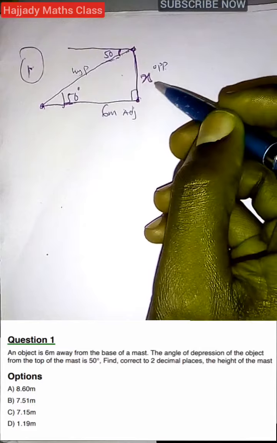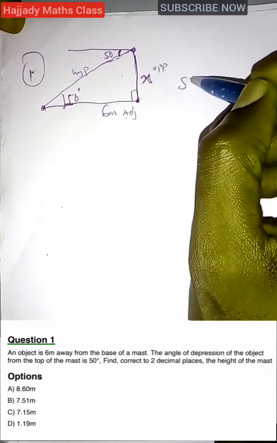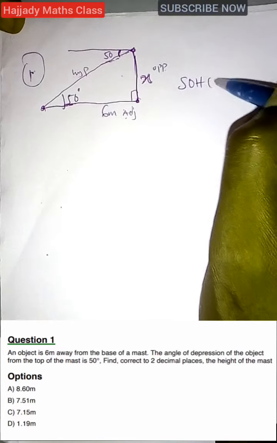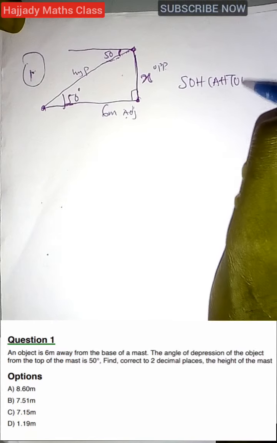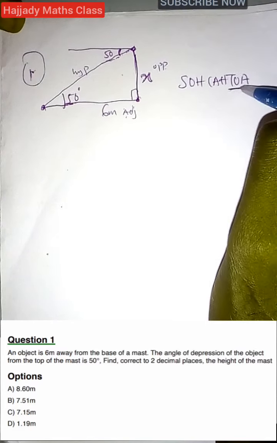Now we are given the opposite and the adjacent, and don't forget our rule, SOHCAHTOA. So with this we are using tan theta because this provides us with opposite and adjacent. So tan theta is opposite over adjacent.